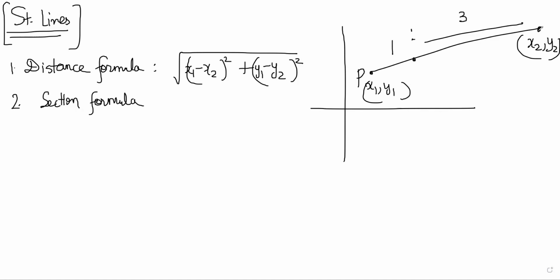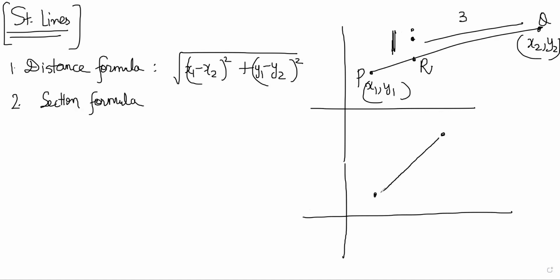If this is P and this is Q, I want to find R, which divides the line joining PQ in the ratio 1:3. Have you seen this ever? No, actually, I didn't. I've seen the midpoint formula, and maybe things like 1 to 3, 1 to 4. I haven't seen the formula specifically.